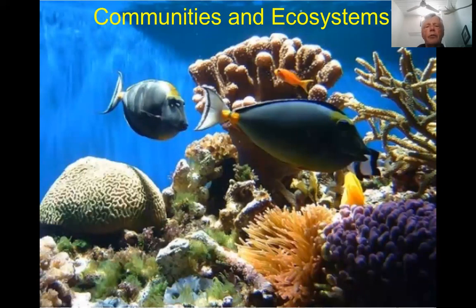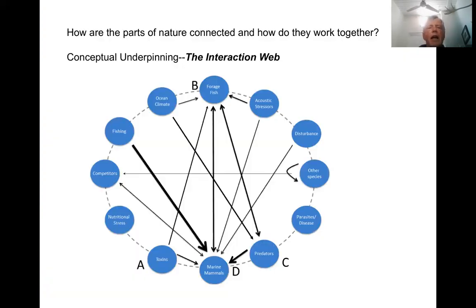Communities and ecosystems. Well, here's one, just to get us started, a lovely picture of a coral reef somewhere showing lots of different species. And to begin this, I want to introduce you to the concept of what ecologists call the interaction web.